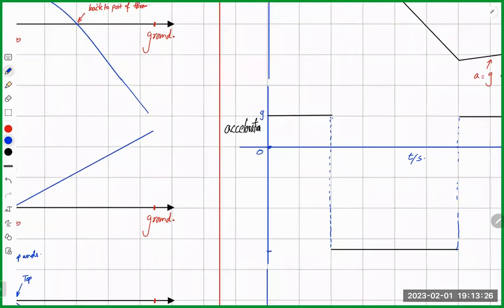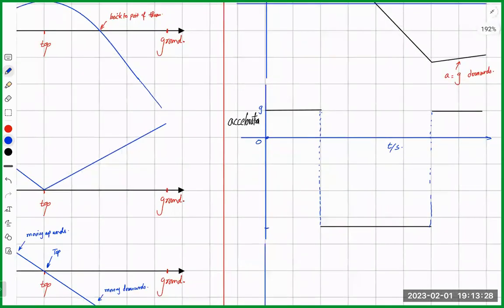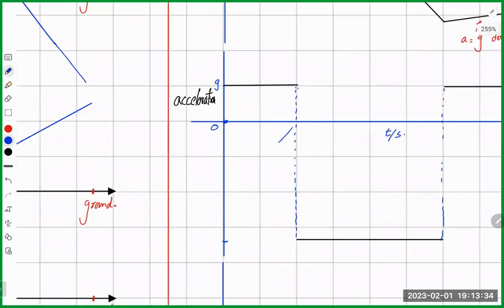So the acceleration graph would show that, and remember, this is where impact begins and impact ends.